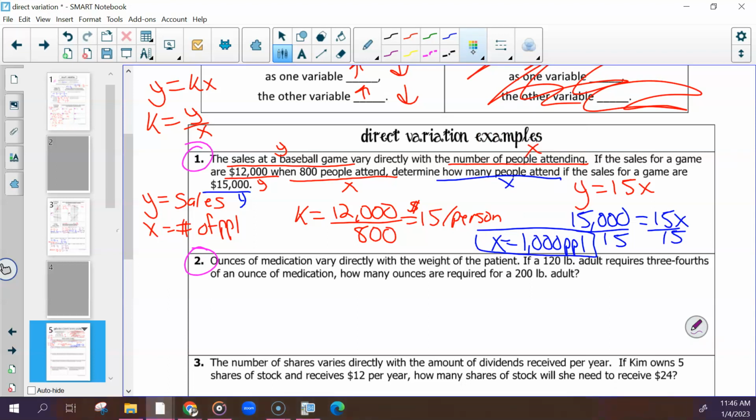So we had 15,000 for our Y, 1,000 for our X, which gives us 15, which was our K, so that works. So again, the check is not necessary, but it is there to help you. Before we continue, what questions do we have on that process?